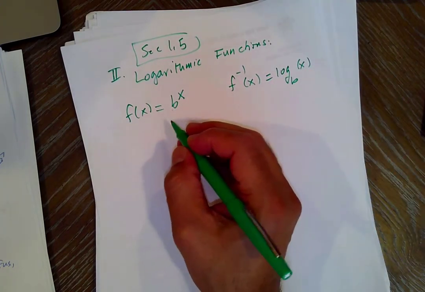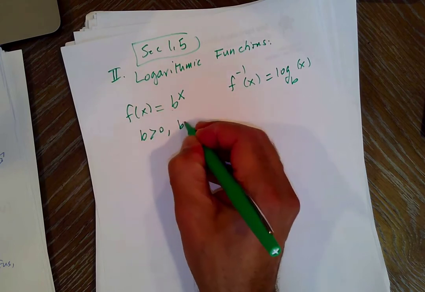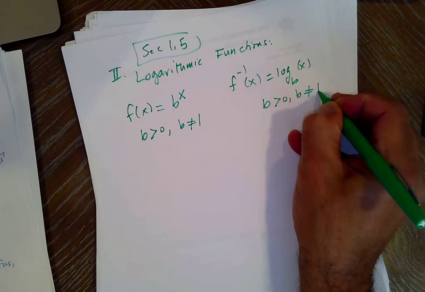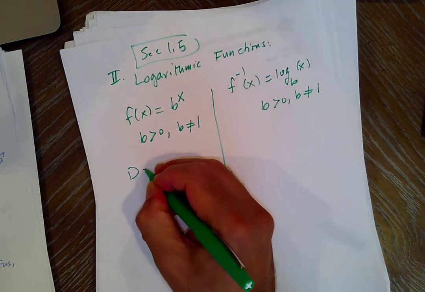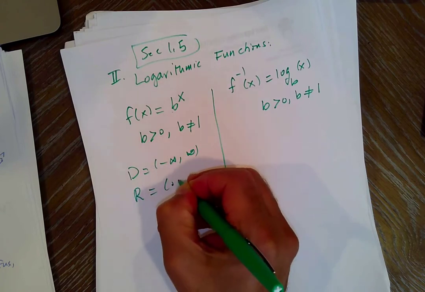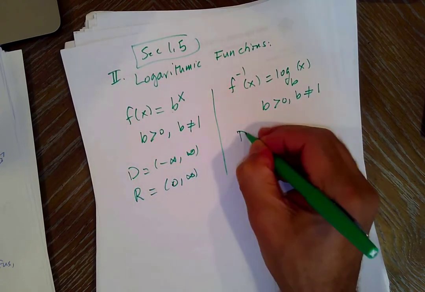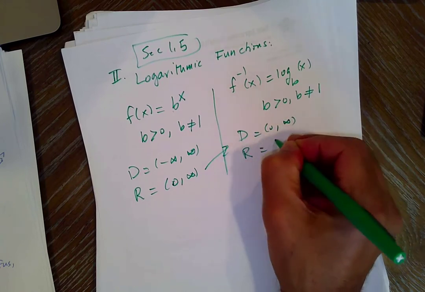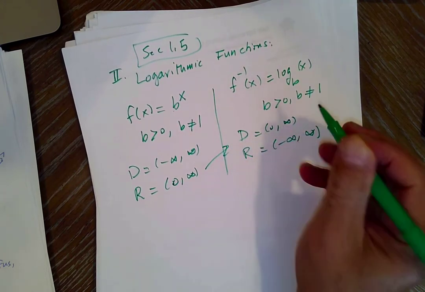And the base is going to be greater than 0, different from 1. Same thing here. Base is greater than 0, different from 1. Domain of exponential is negative infinity to infinity, and range is 0 to infinity. Domain is 0 to infinity for logs, and range is negative infinity to infinity.